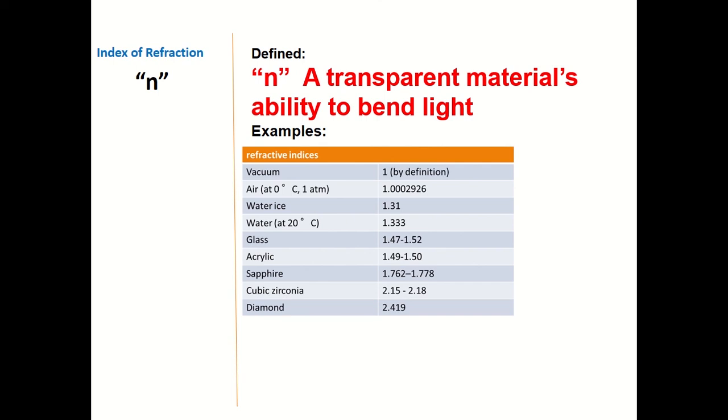Regular water, 1.33. There are different types of glass, so 1.47 to 1.52. Acrylic, the one that we did the lab on, 1.5. And you can see down there, diamond 2.4. So diamond slows down light the most when it enters it. It has a really high index of refraction.